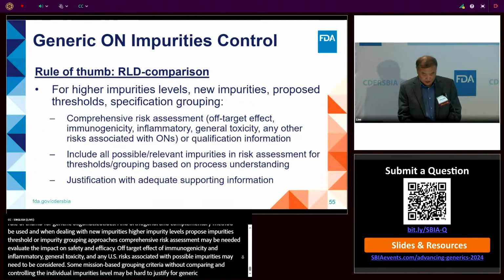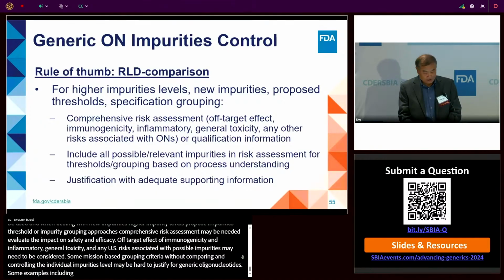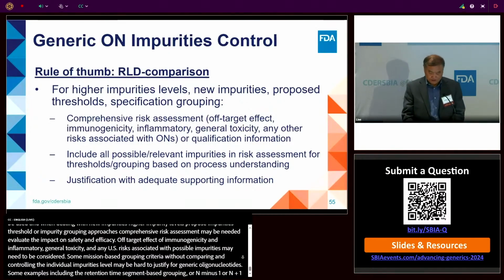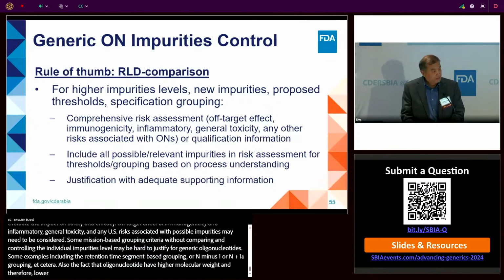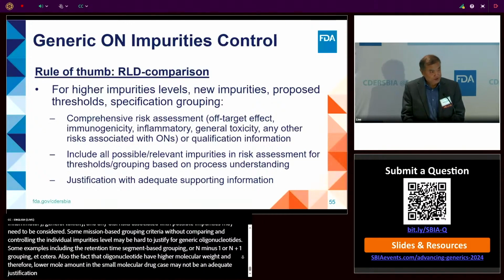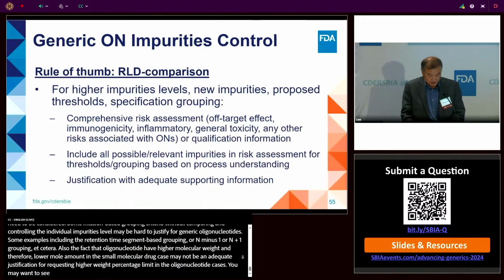Some examples include retention time segment-based grouping, or N-1 or N+1 groupings, etc. Also, the fact that oligonucleotide impurities have higher molecular weights, and therefore lower molar amounts than in the small molecule drug case, may not be an adequate justification for requesting a higher weight percentage limit in the oligo cases. You may want to see if a comprehensive risk assessment based on worst-case scenarios may help justify some of the grouping approaches.